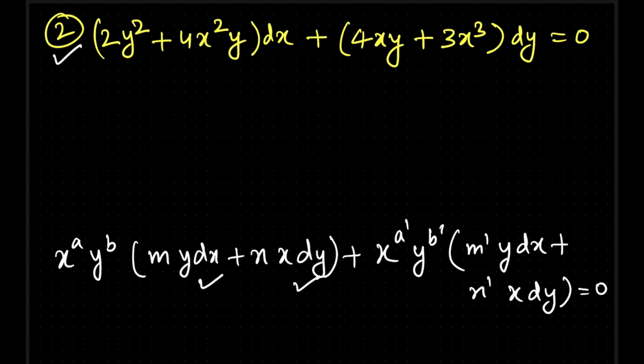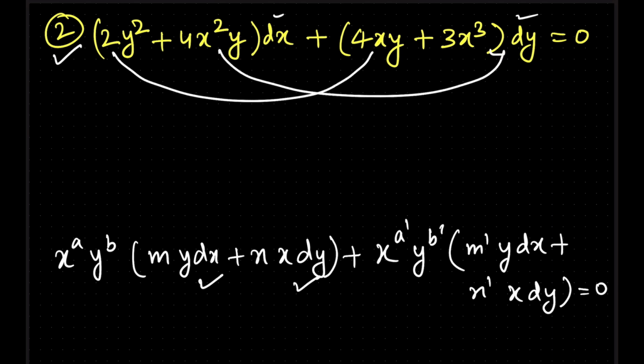So here we want one term from dx and one term from dy. So let's take one term from dx and one term from dy. So let's club this two term, and the other two term we will club.